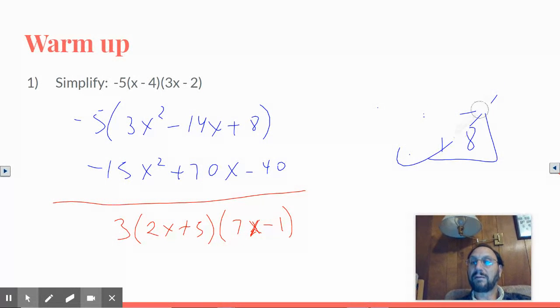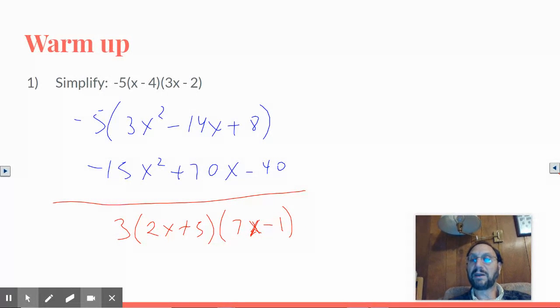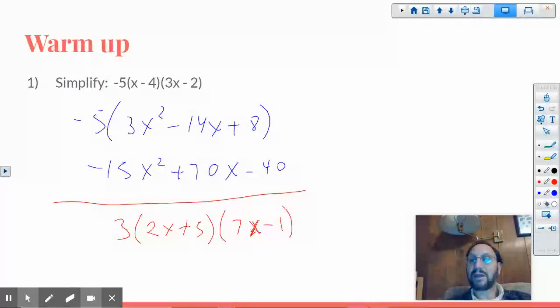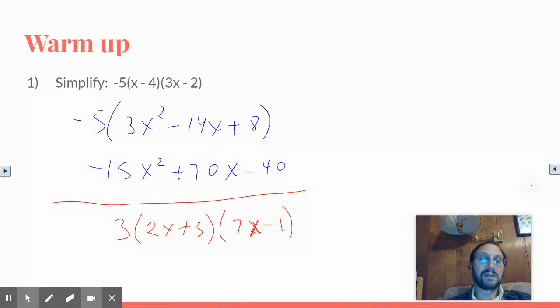So over here, we've got multiplying 2x plus 5 times 7x minus 1. However you multiply those together, you should end up with this. Let's see. 2x times 7x is 14x squared. The outer terms are -2x, and the inner terms are +35x.